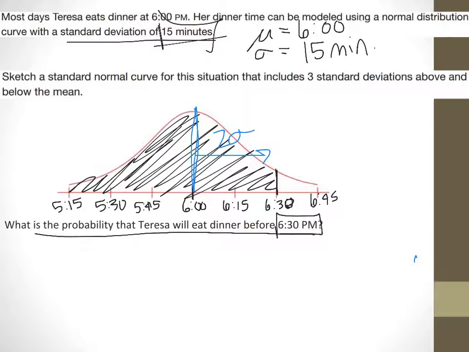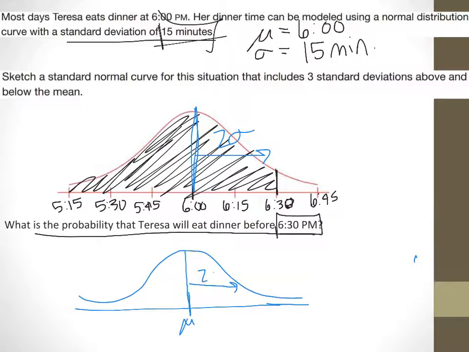So let's think about that real quick. If it's 2 standard deviations, if I redraw this, that's my mu. If I go 2 standard deviations this way, and 2 standard deviations this way, within 2 standard deviations should be 95% of the data. So that would be between 6:30 and 5:30.